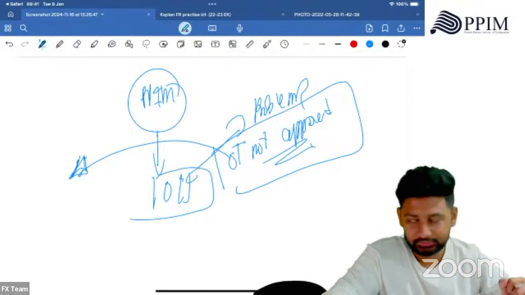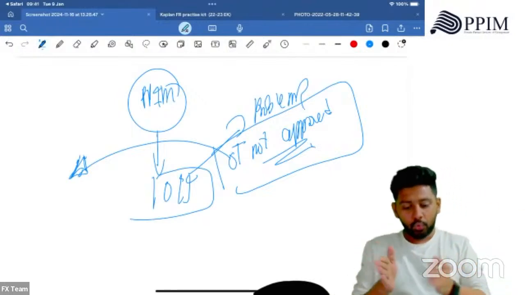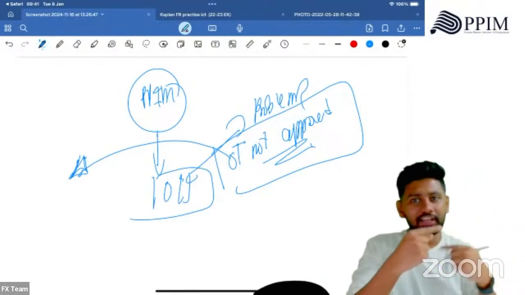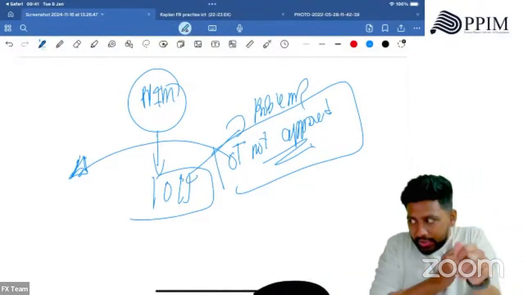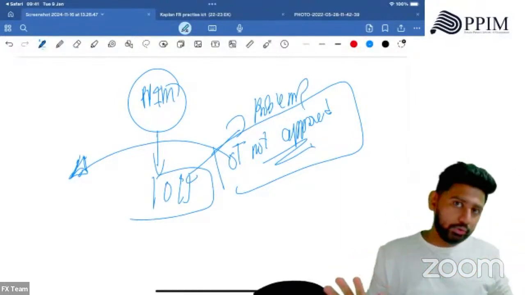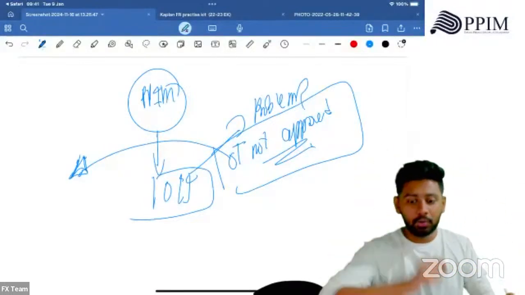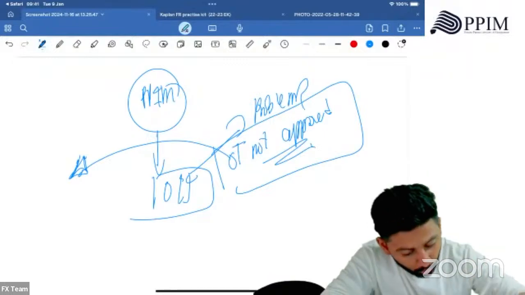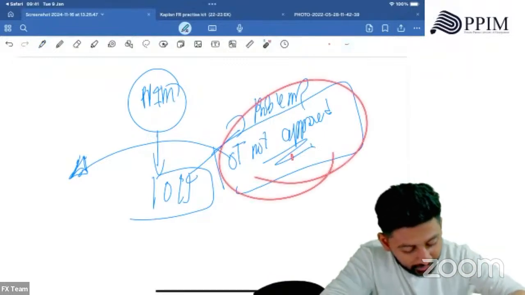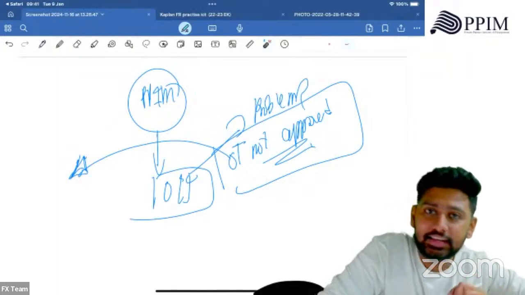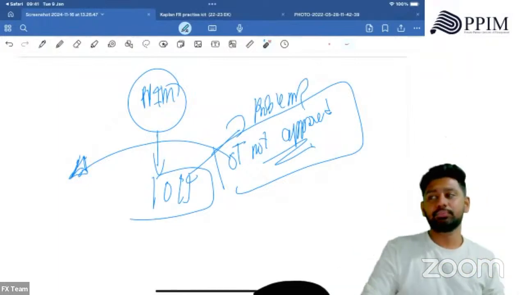Payroll cost can increase. Well done, Inchipa. Because of overtime not approved, payroll cost can go up. Why? Because of unauthorized OT. People are working without having a job. That is a problem. Your examiner will say overtime is not approved, and you're going to say, because of that, your payroll cost can increase. That is an explanation to the problem.